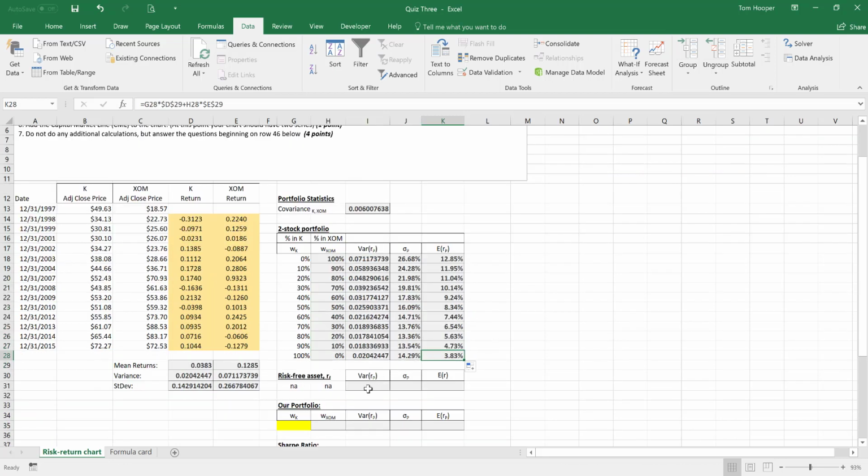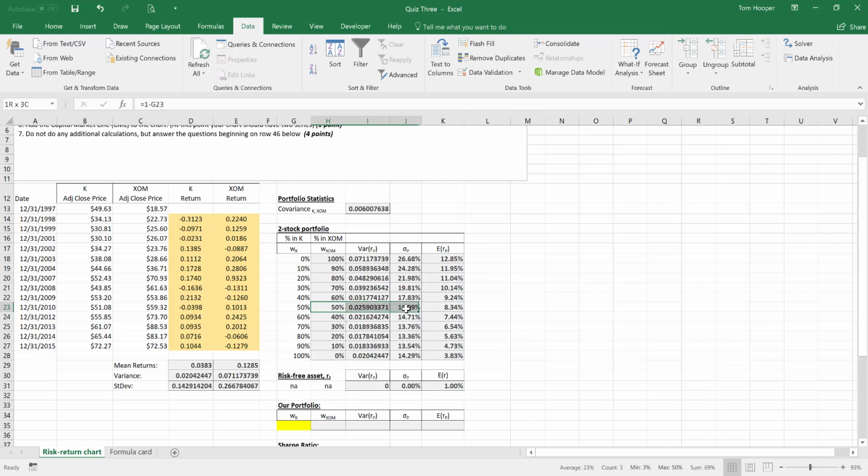Now we know by definition that the risk-free asset has 0 variance and 0 standard deviation. We also know that the square root of 0 variance is 0 for the standard deviation. And we're told in the problem that the return on the risk-free asset is 1%.